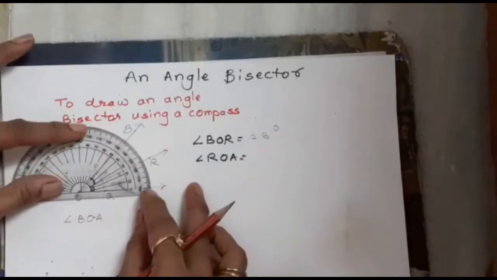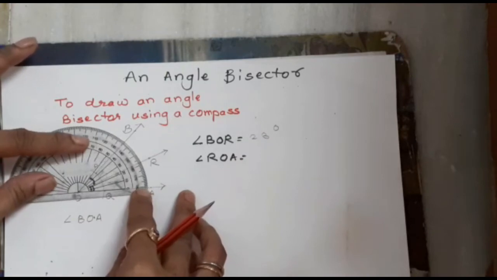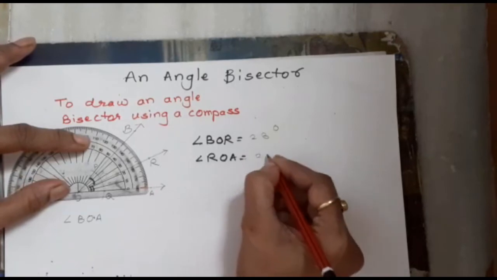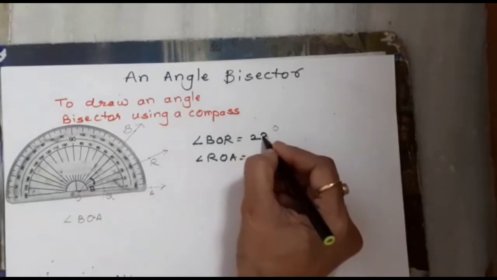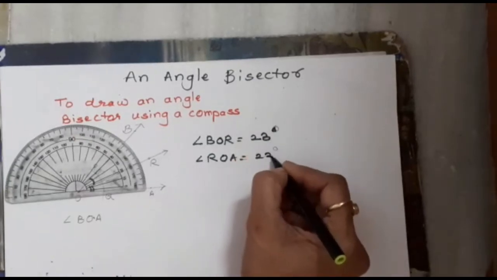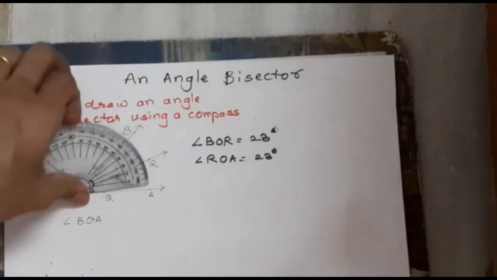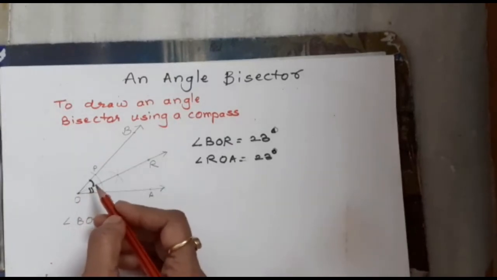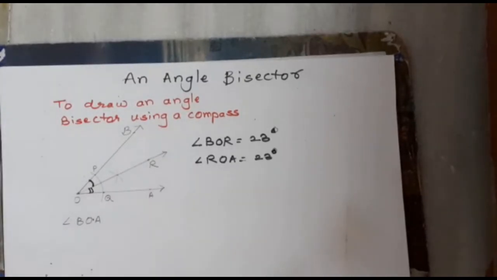And angle AOR or ROA, so this is also 23 degree. So both the angles are same measure, 23 degree, 23 degree. So these angles are of equal measures. So OR is the angle bisector. So using compass in this way we can draw angle bisector.